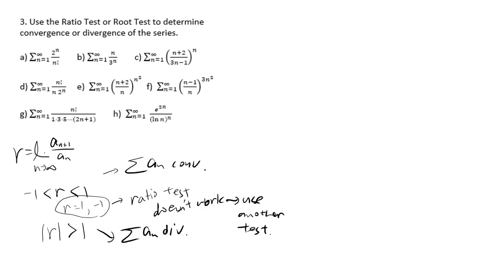Now, if you want to use the root test, it does the following: limit as n goes to infinity, you take the nth root of a_n, and this value is called r in the root test. Let me write down. This one is the ratio test, and this one here is the root test.